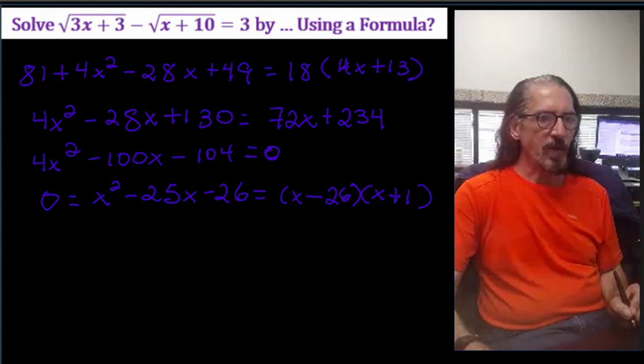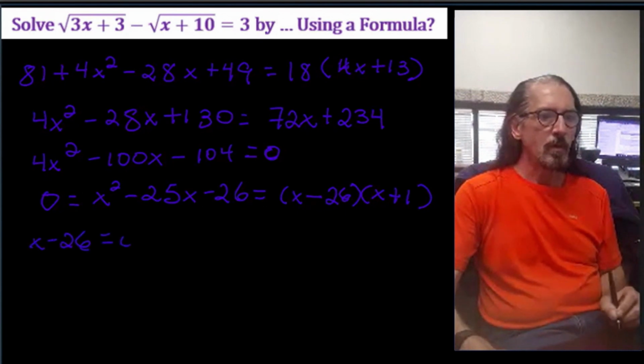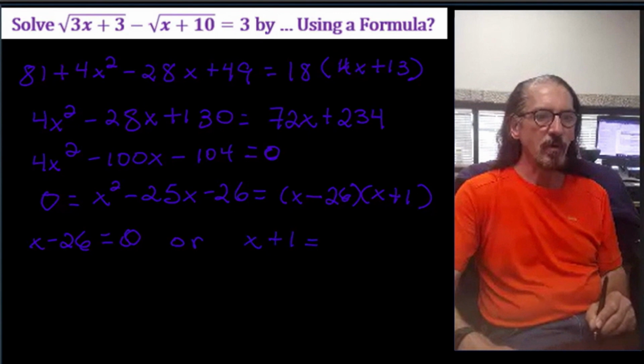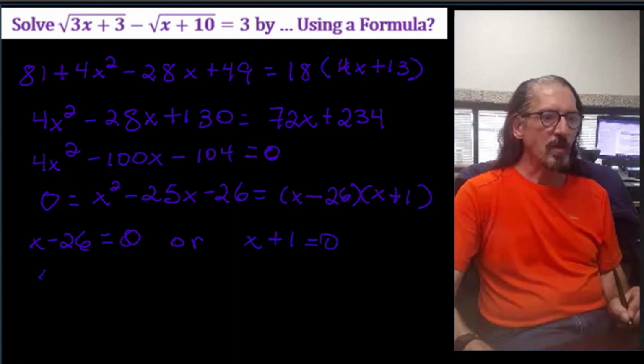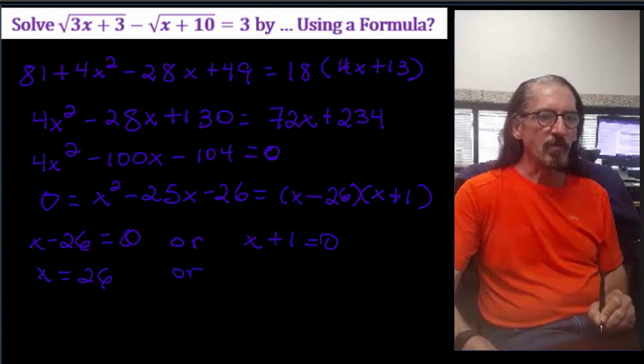So by the zero factor property, either x minus 26 is equal to 0 or x plus 1 is equal to 0. The first giving us that x equals 26, and the second giving us that x is equal to negative 1.